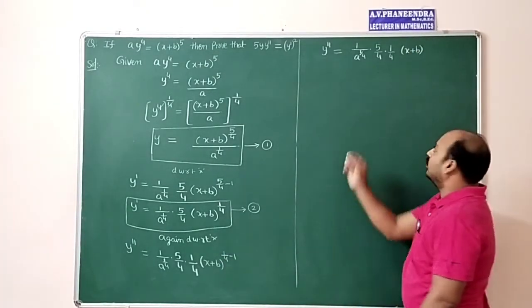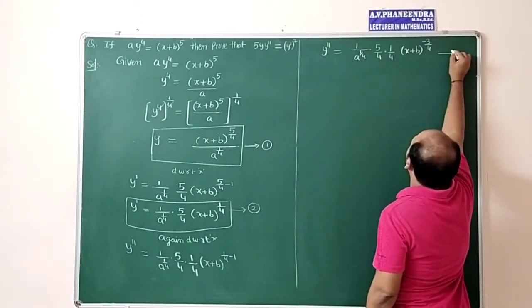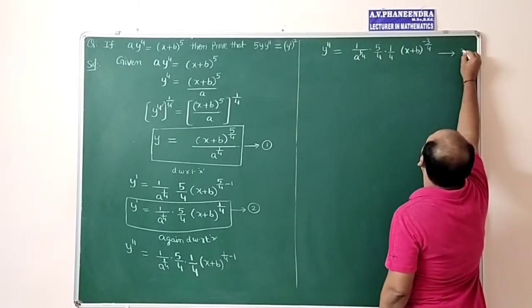So 1 minus 4, that means minus 3 by 4. This is equation number 3.